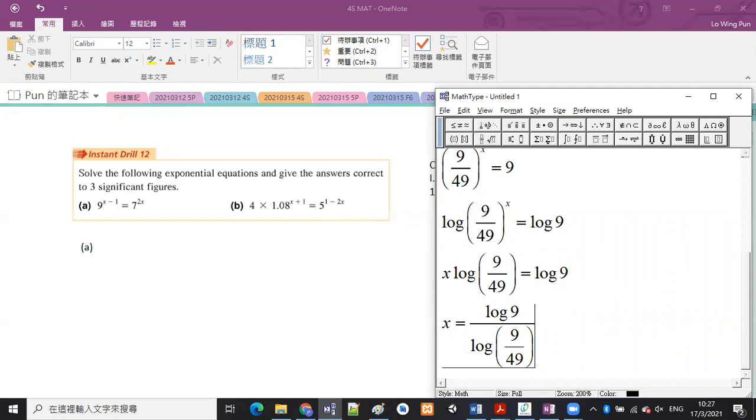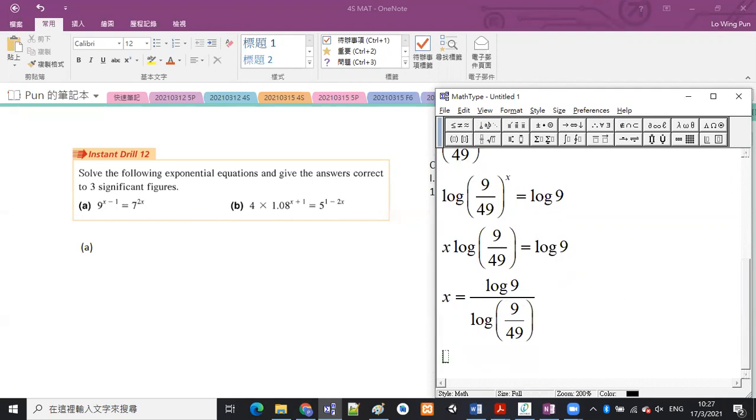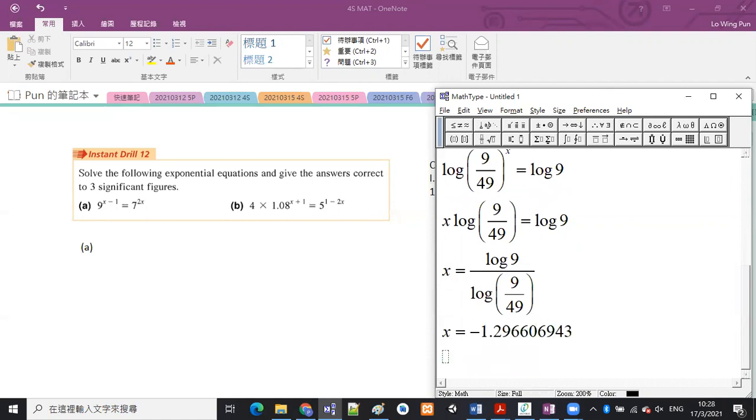The answer should be negative 1.2966 something. When it is corrected to 3SF, x should be negative 1.30. Can you see?